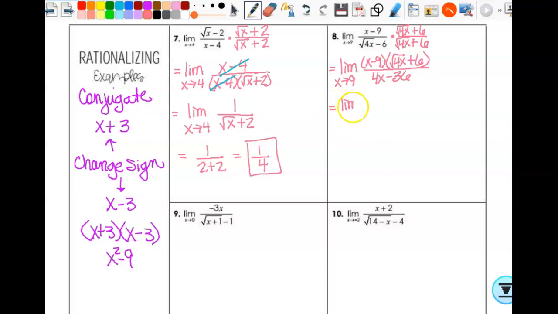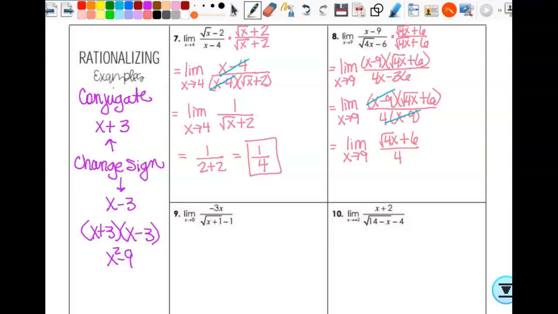So this is going to give me the limit as x approaches 9 of x minus 9 times the square root of 4x plus 6 over 4 times x minus 9. Now I can reduce, and I'm left with the limit as x approaches 9 of square root of 4x plus 6 over 4.